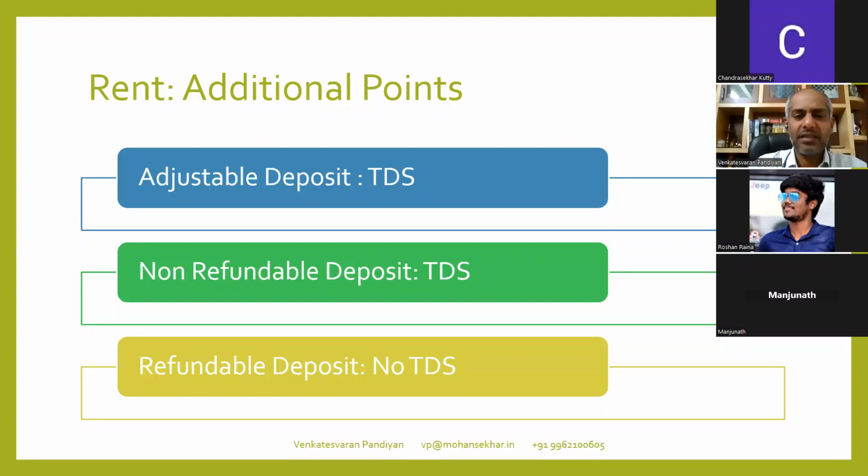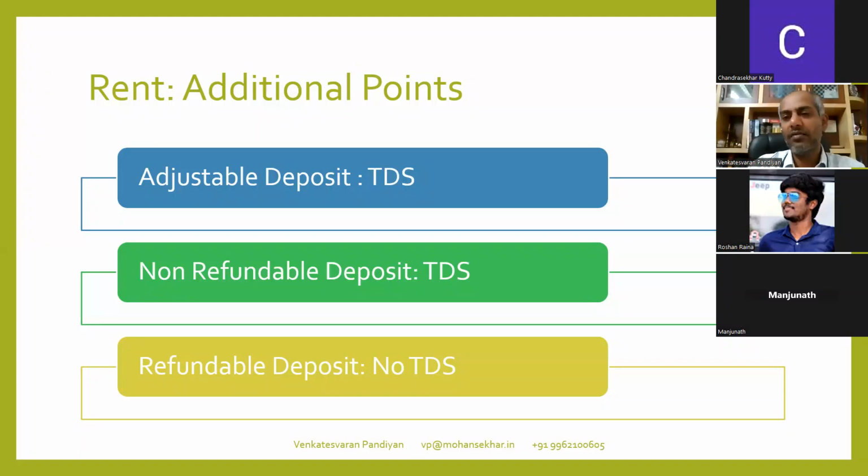First is the adjustable deposit, meaning a deposit is given at the time of taking the asset on rent, but this is adjustable against subsequent rent. Then what happens? TDS becomes deductible on that, because essentially this deposit is going to become rent at some point in time. So for adjustable deposit, TDS is applicable.